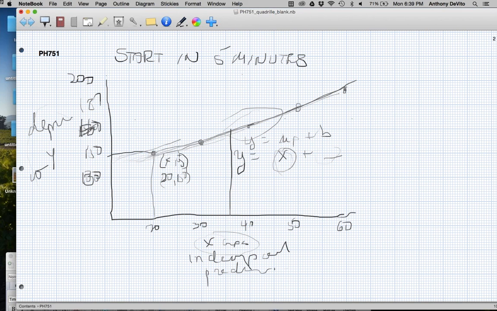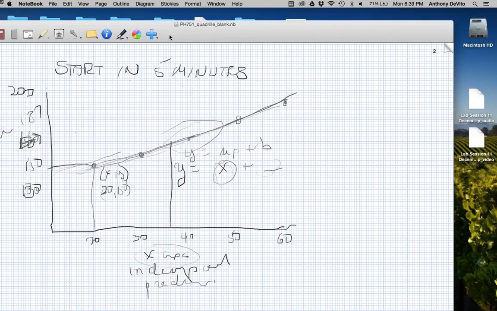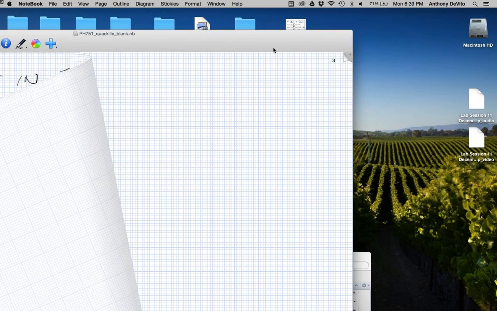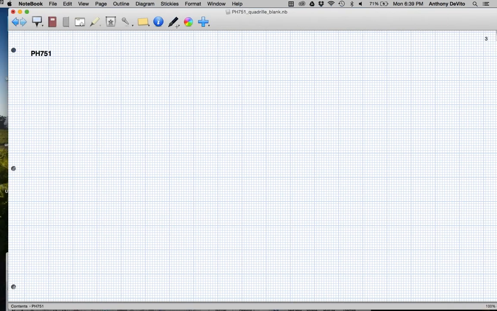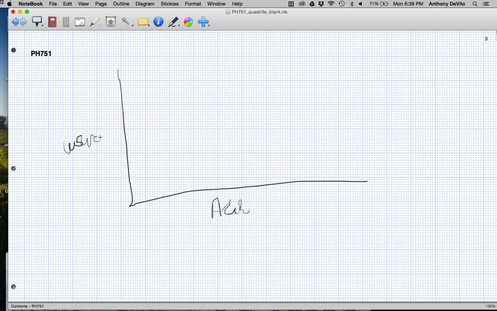What's going to happen really is that when we try to plot this, we're going to wind up with something that looks more like this. I'm going to put age down here and weight over here. These are all these individuals.